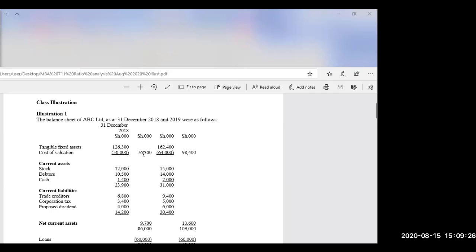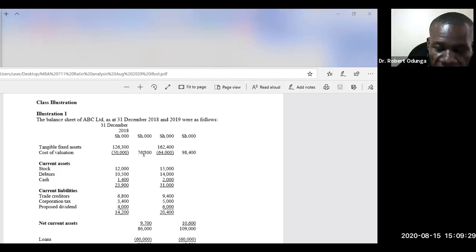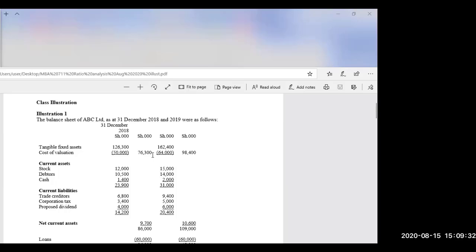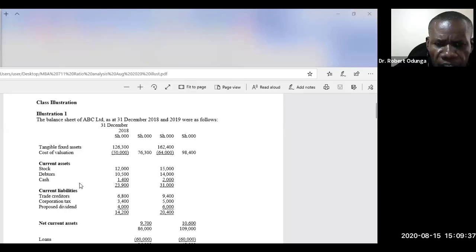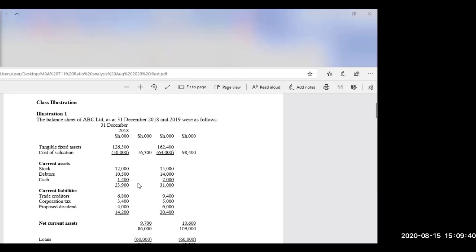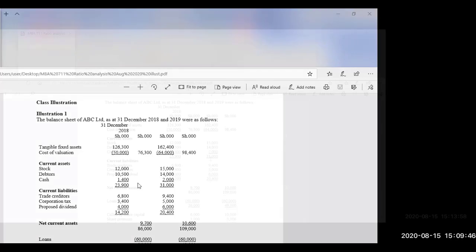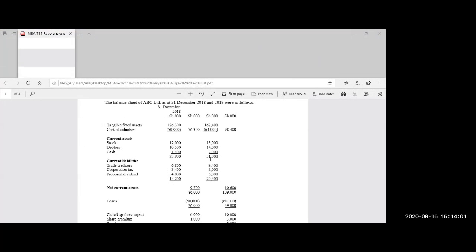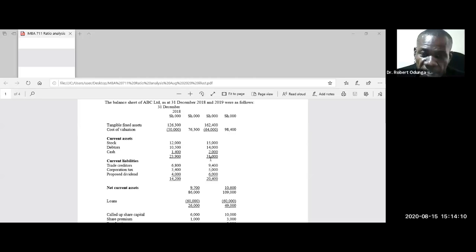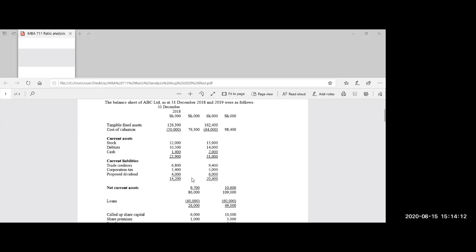So we have 76,300, which is non-current, plus the current assets, which is 23,900 thousand. And then our total liabilities would be current liabilities plus long-term liabilities.